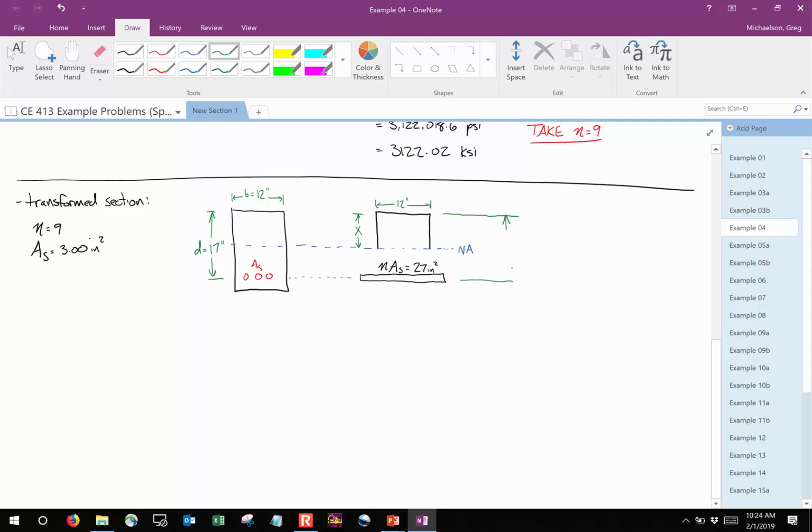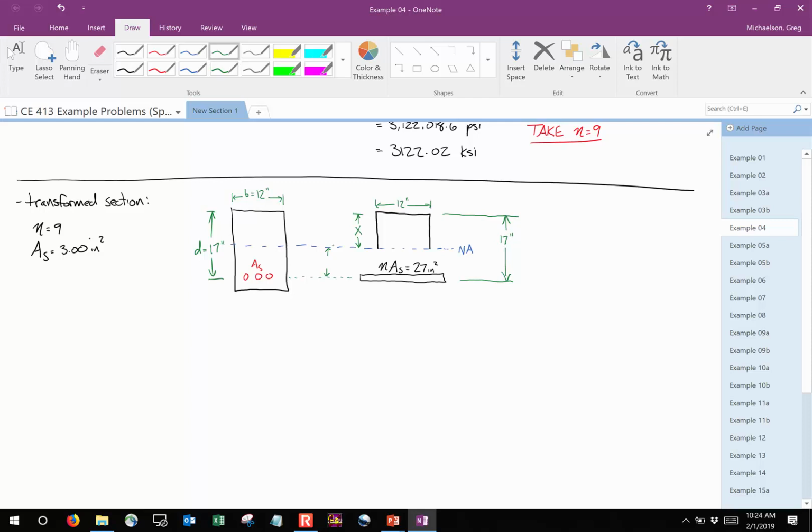What is this depth right there? 17 inches. That's D. So if that is 17 inches, what is that depth right there? I'm talking about from here to here. 17 minus x.